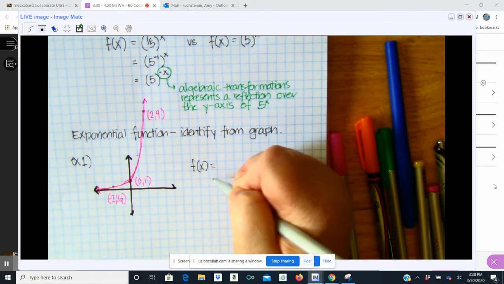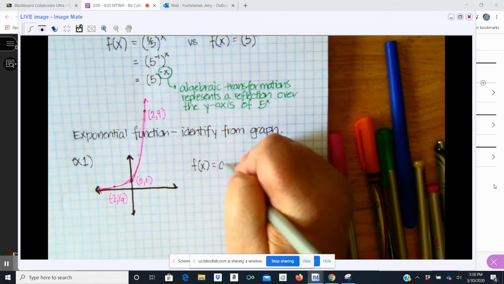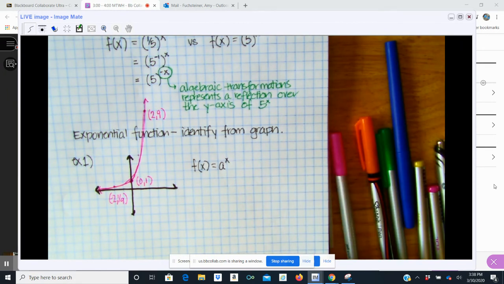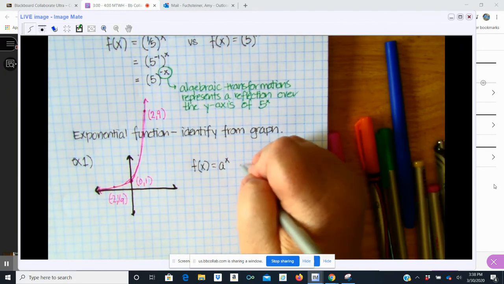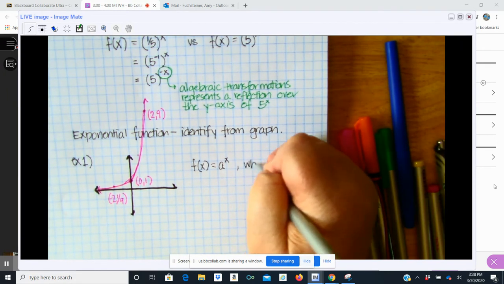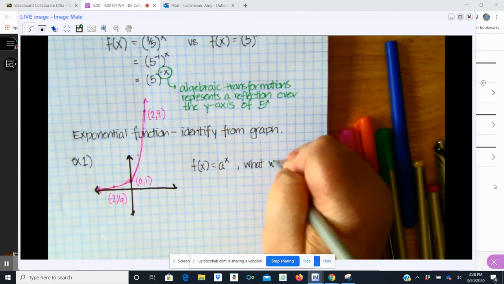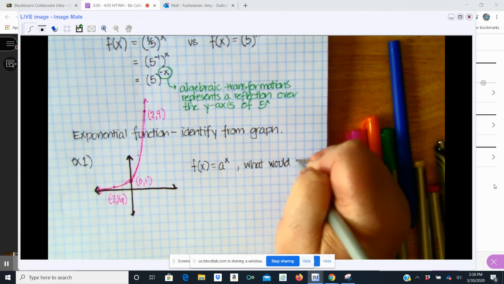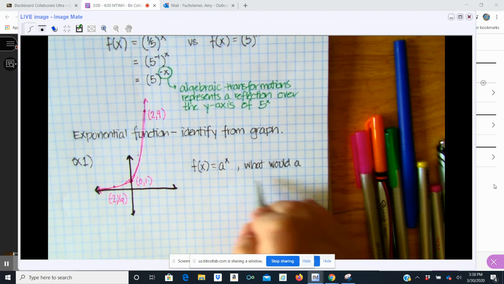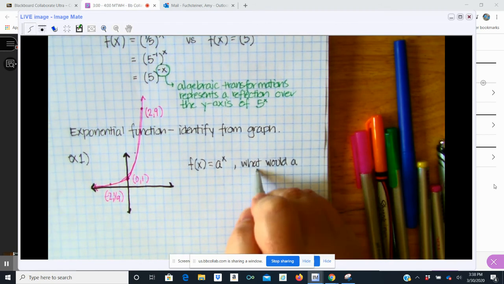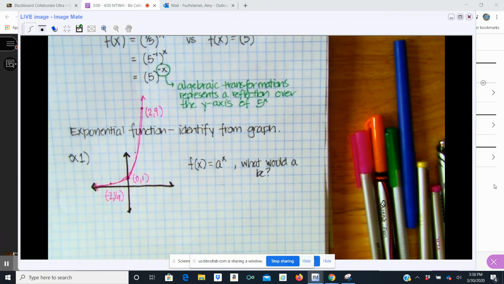So if this is a graph of f of x equal to a to the x, what would a be? What is our base?